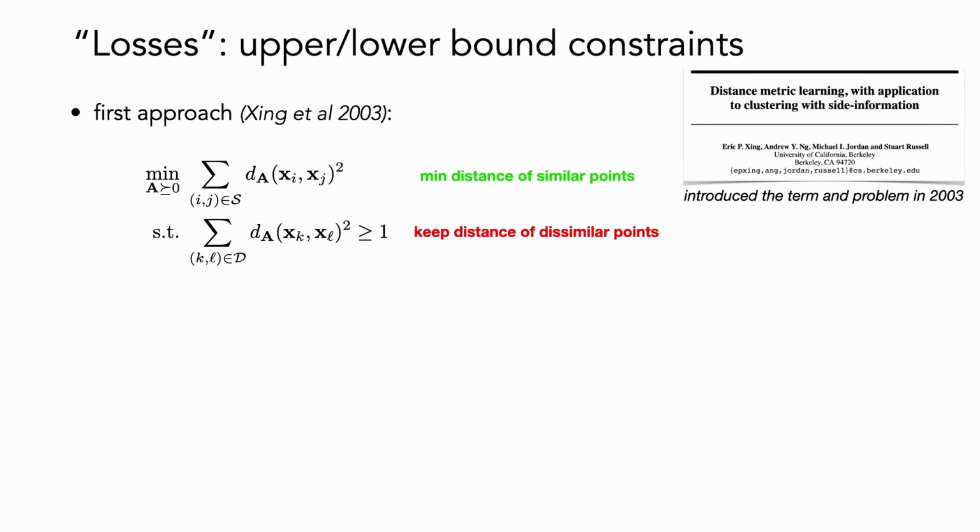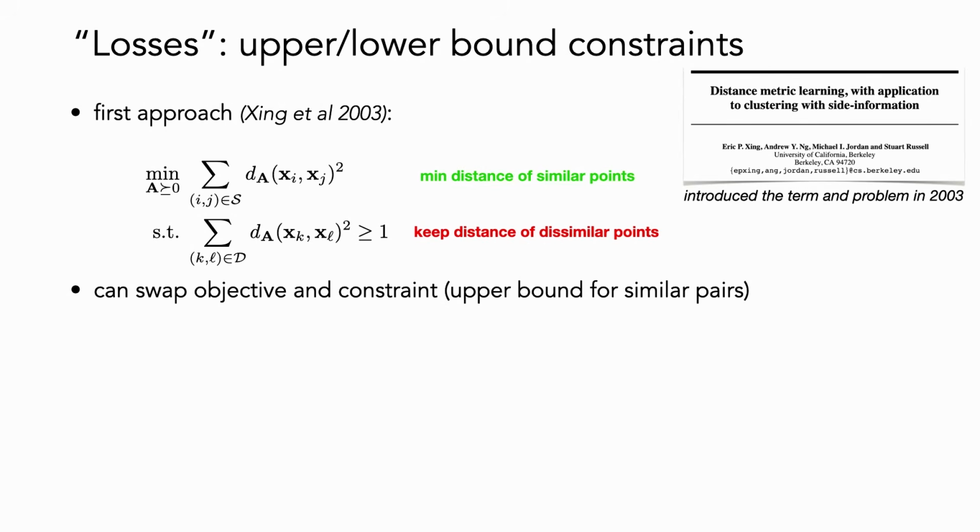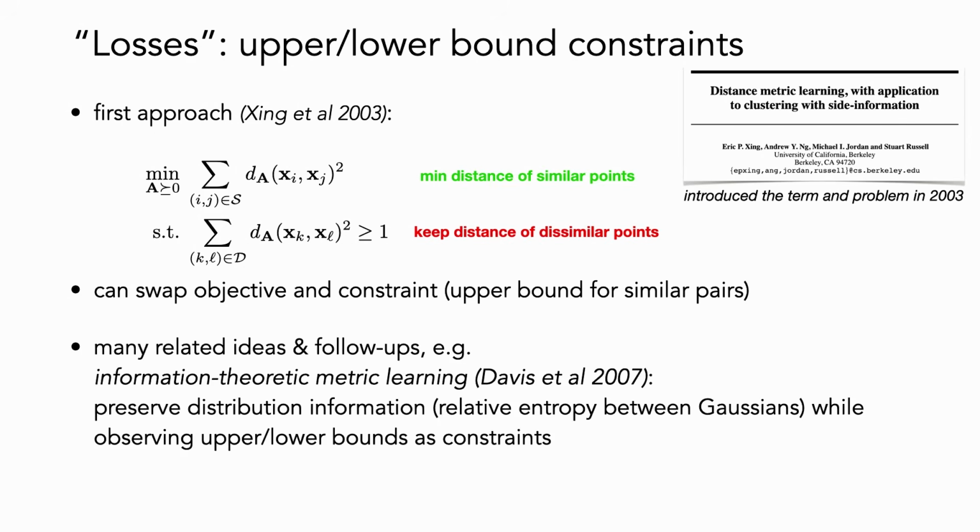And it really is something that can be explicitly solvable. And you can, again, swap the objective and constraint. There have been a lot of related ideas and follow-ups to this. Things like, for example, information theoretic metric learning, which explicitly proposed preserving distribution information, for example, relative entropy between Gaussians, while trying to observe both upper and lower bounds as constraints.